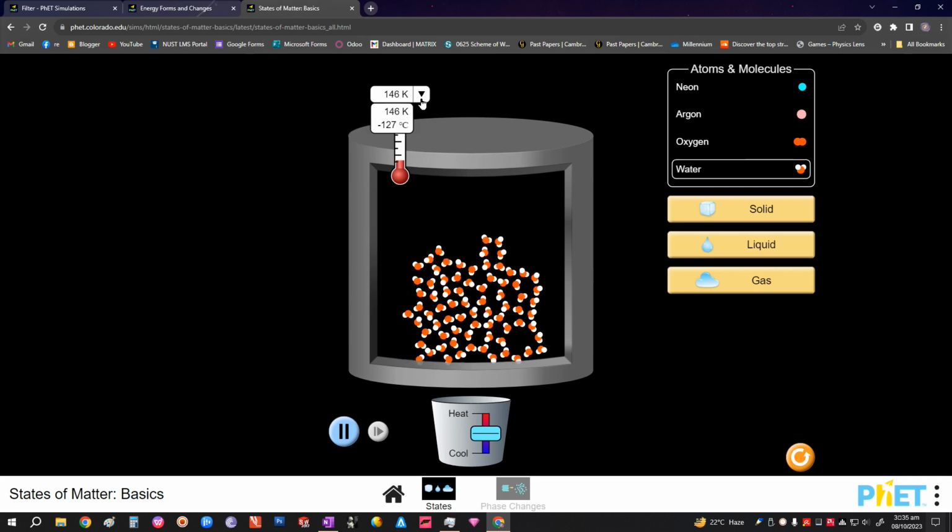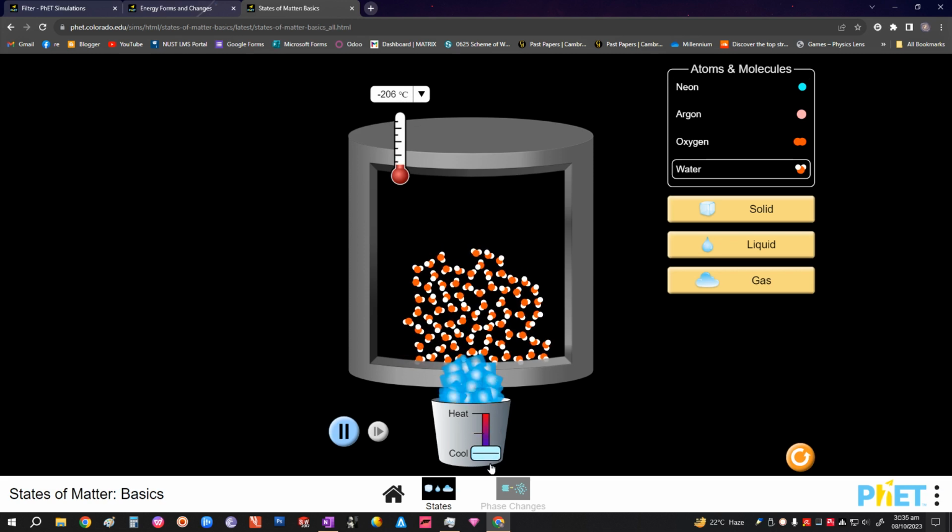So when we talk about ice, at low temperature, if I cool it down, as you can see, the particles are now getting slower. You can see the vibrations, the movement is getting slow, right? And this is very, very low temperature. And once I start to heat it up a little bit, as you will see, the particles are getting more and more energetic as I approach the melting point, right?